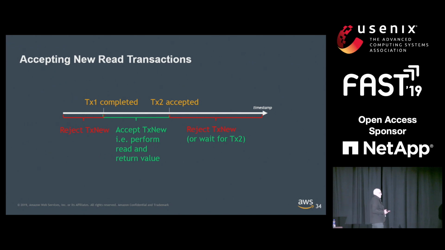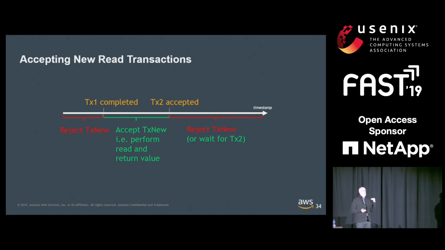We do have another option, which you might consider, which is hang around for a little bit. Since this is a single-shot transaction, we know that this write's going to happen pretty quickly, right? If it's been accepted, chances are the transaction coordinator is going to get back to us within a millisecond or so, a few milliseconds. So if we hang around for a few milliseconds, chances are transaction TX2 is going to come in, and then we can do the read. We decided not to do that. What we do is we reject the transaction.